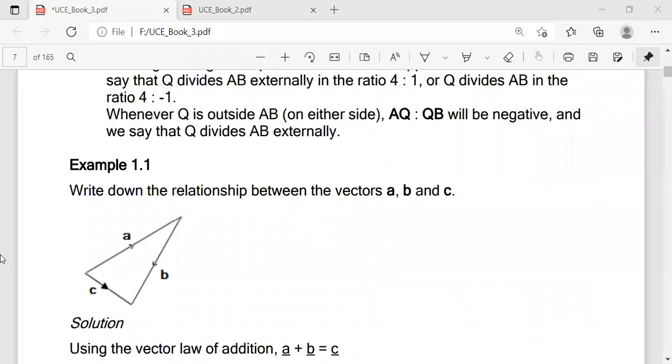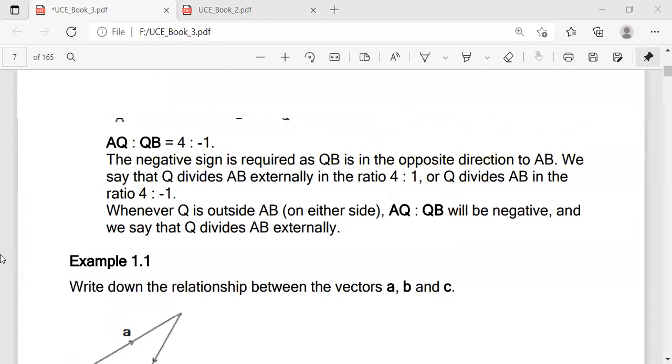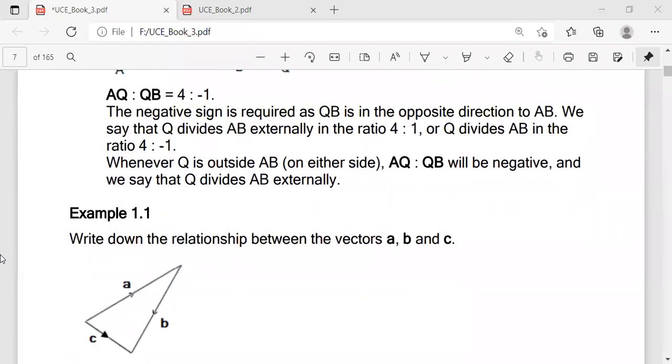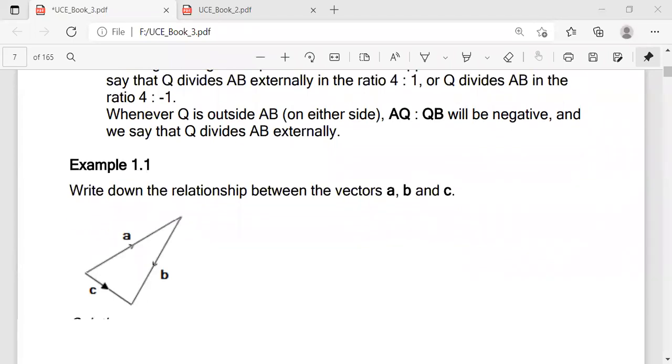Okay. So they're saying write the relationship between A, B, and C. You have seen my solution, but they are saying to write the relationship between A, B, and C. So that takes us back to what we studied last time. Those directions, that from this to this, this to this is equal to this to this, isn't it? So when you look at that diagram, what I've drawn.